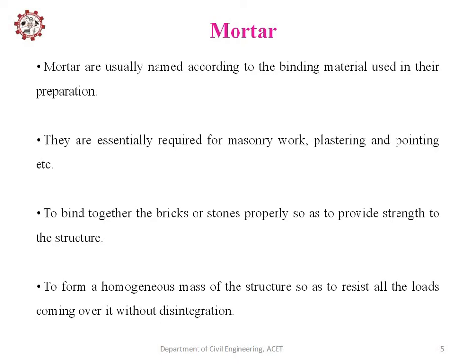They are made up of 1 part cement and 3 parts sand with the water cement ratio, and those are used for plastering, connecting each other, pointings. So these are used for binding stones as well as bricks together.